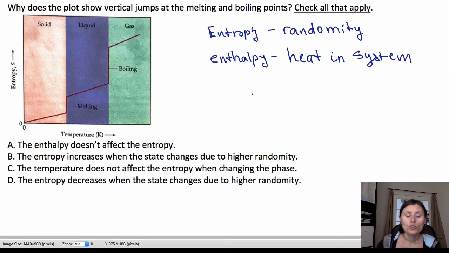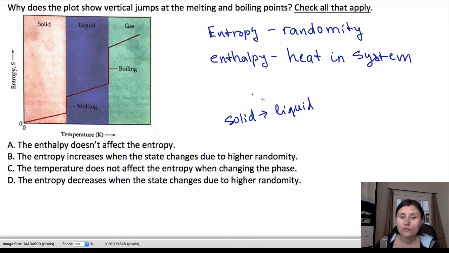So if it says here the enthalpy doesn't affect the entropy, this would be incorrect, because in order to increase the entropy, to increase the randomness, you have to increase the enthalpy. For example, if you go from solid, like ice, to liquid, the system has to have more heat in order to do that.